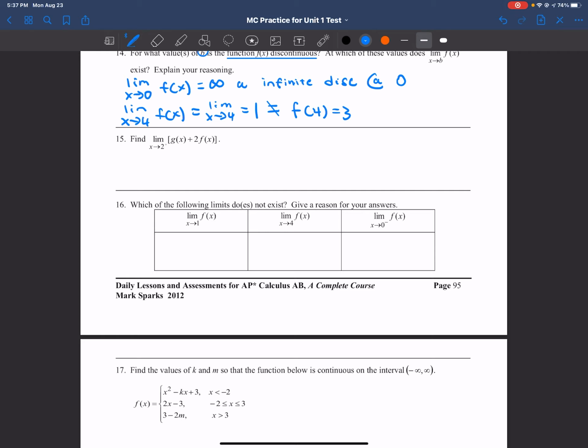So for 15, you just basically plug it in. So limit x approaches 2 from the right hand side, you get -5/4 plus 2, which is equal to -5/4 plus 2.